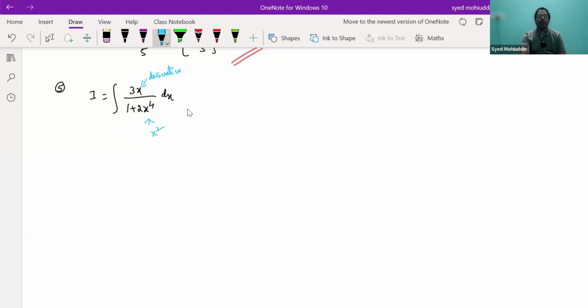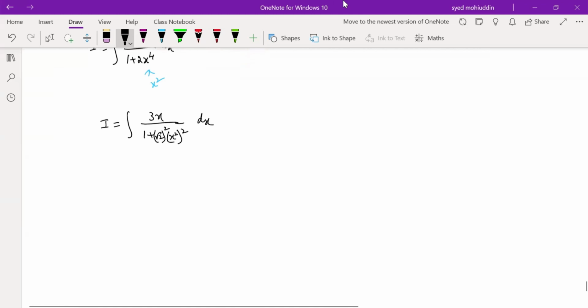So how can I write x power of 4 in the form of x square? I can rewrite it this way. Integral of 3x by 1 plus x square whole square. But now the question is, how can I write 2 square? 2 should also be squared. So can I write that as root 2 whole square times dx? Are you getting this one?